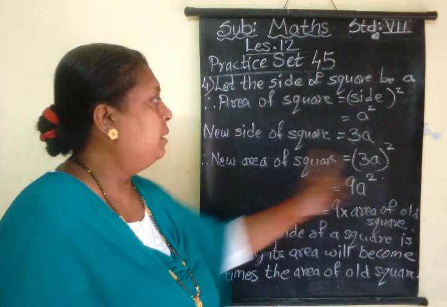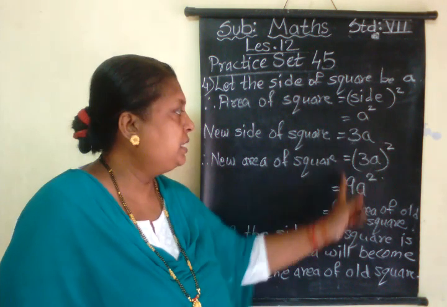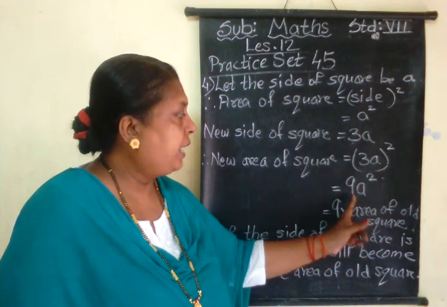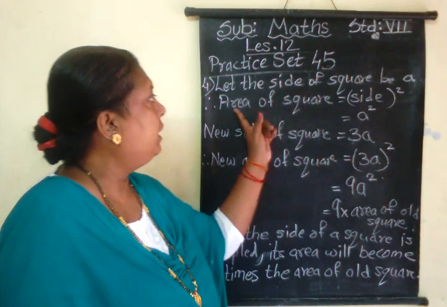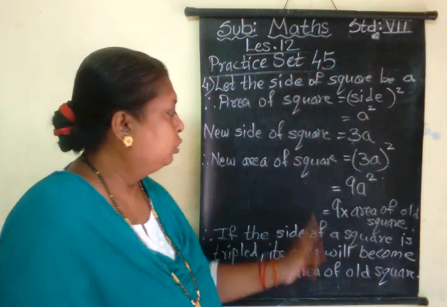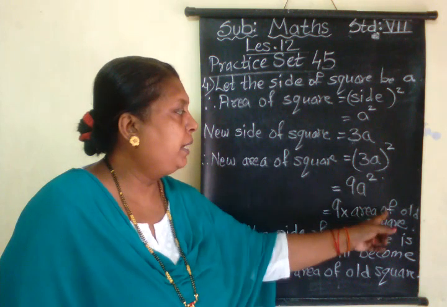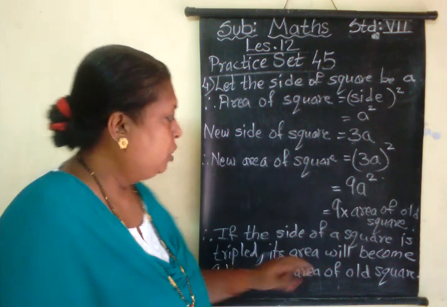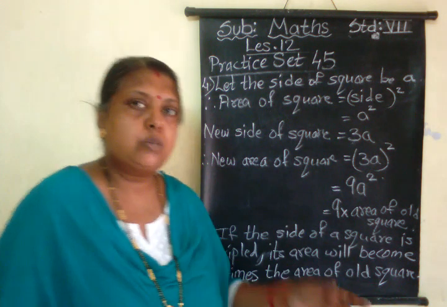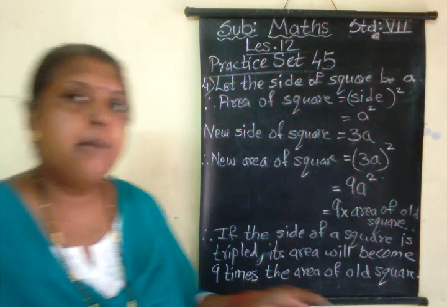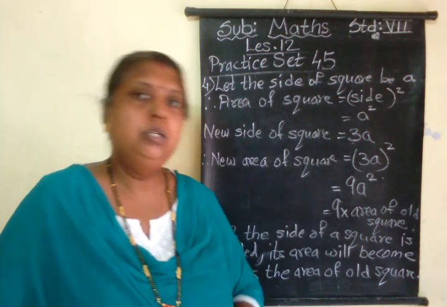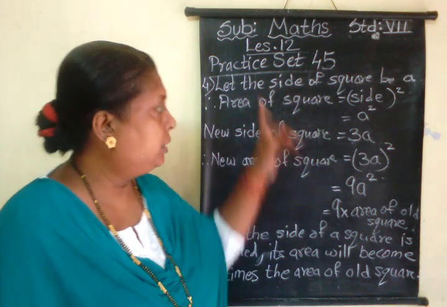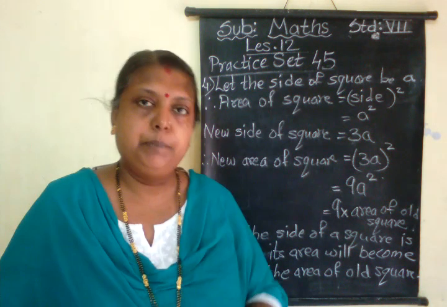So area becomes 3A the whole square, which is 9A square. 9, if you remove only A square, A square is the area of the old square. So this becomes 9 multiplied by area of the old square. So if the side of our original square is tripled, the area becomes 9 times more than the area of the old square. Now our today's practice set 45 is completed.